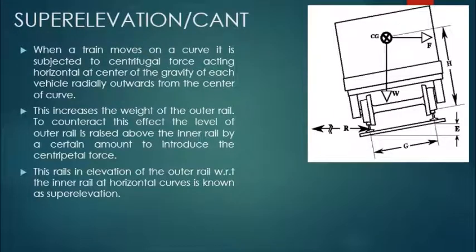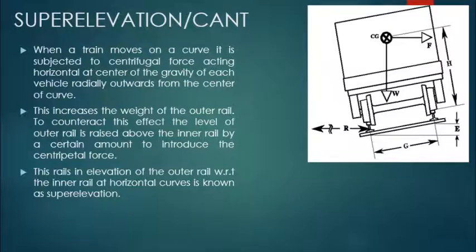We already discussed the topic super elevation or cant, but we have to focus more on this topic while designing a railway track, especially a curve. When a train moves on a curve, it is subjected to centrifugal force acting horizontally at the center of gravity of each vehicle, radially outwards from the center of the curve.